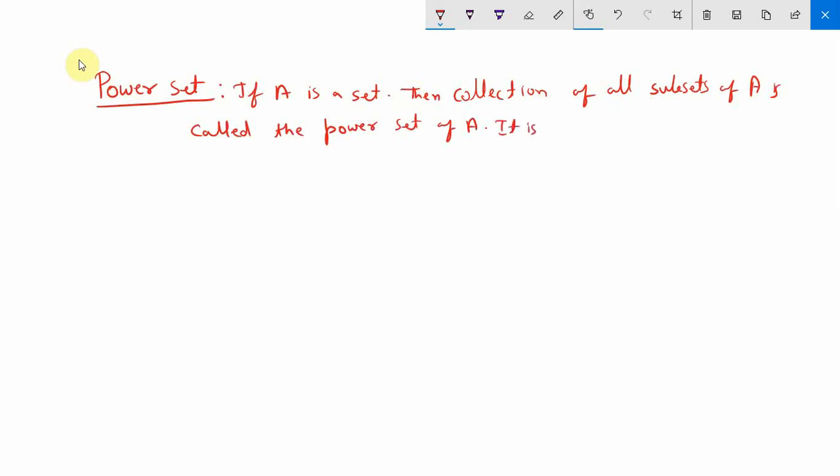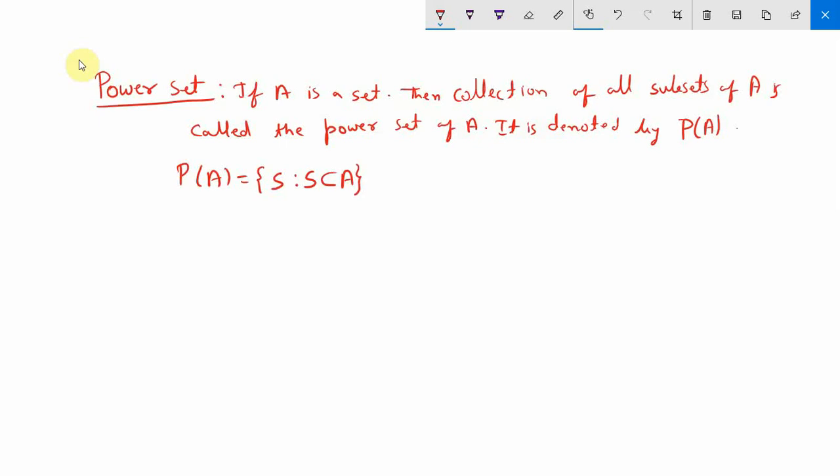Power set of A. That is, we can write P(A) equal to {S such that S is a subset of A}.